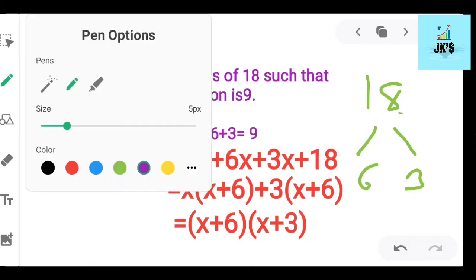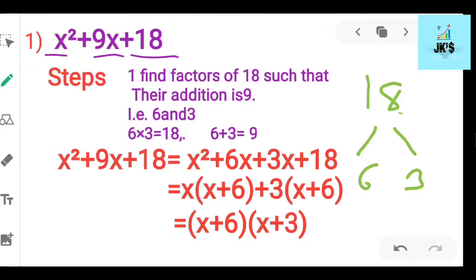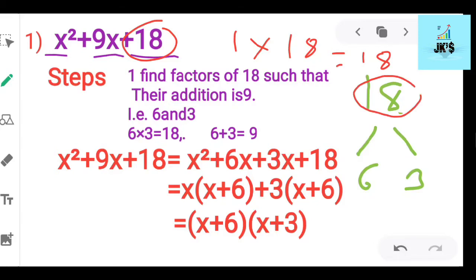Here the coefficient of x square is 1 and the constant term is 18, means 1 into 18. This is our first step. And then we factorize this product, 18.